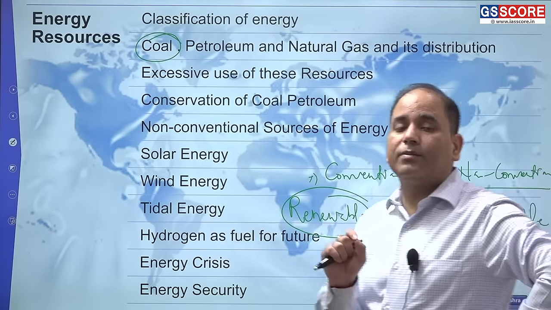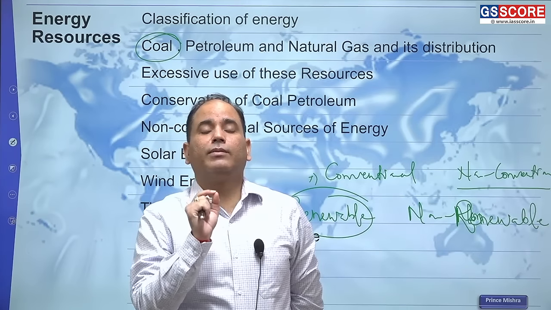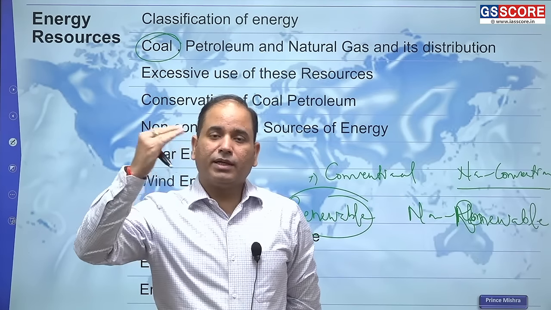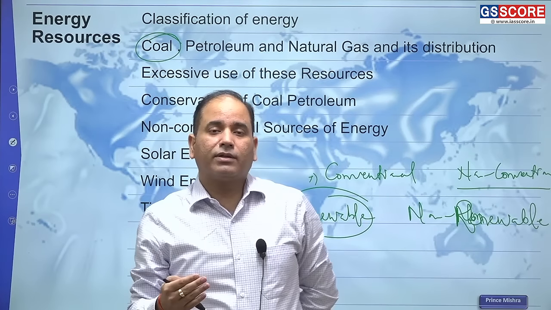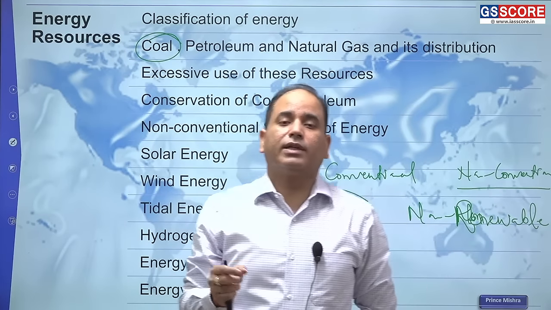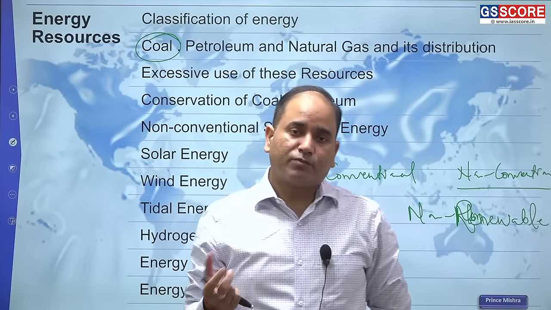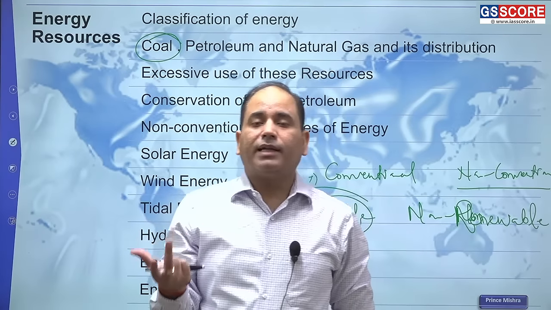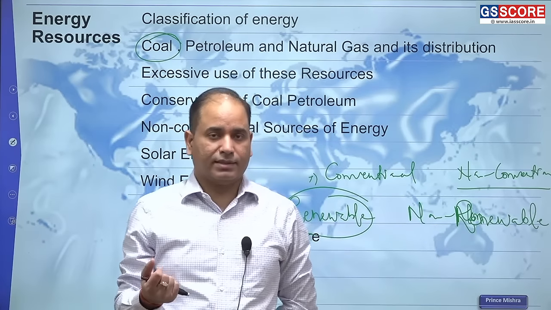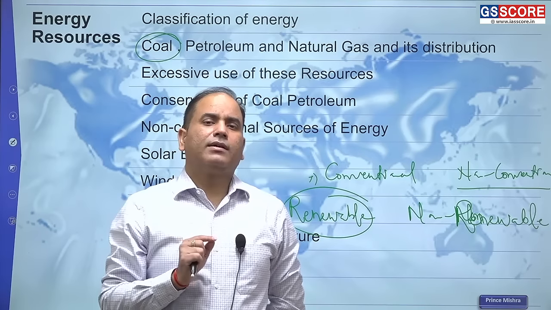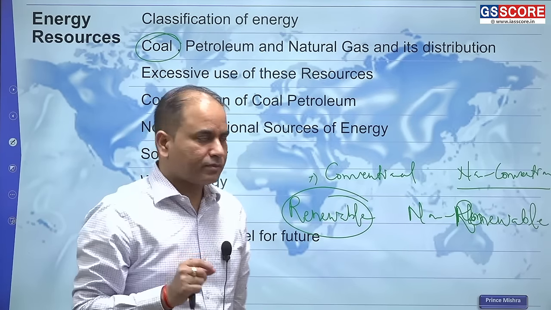And we know that burning coal is the most important reason for global warming and climate change. Burning of fossil fuels, of coal, releases carbon dioxide primarily, and this carbon dioxide traps the outgoing radiation and acts like a greenhouse gas. That is the reason the temperature increases. So coal is very harmful from the environmental and climate aspect.